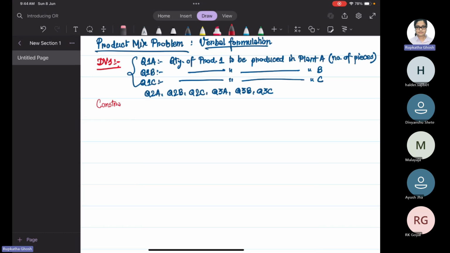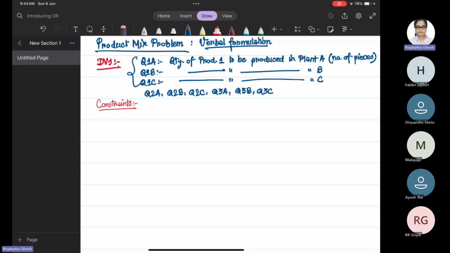So now, when I talk about constraints, what are the constraints? Production capacity. Hours available in each factory. Not hours available.